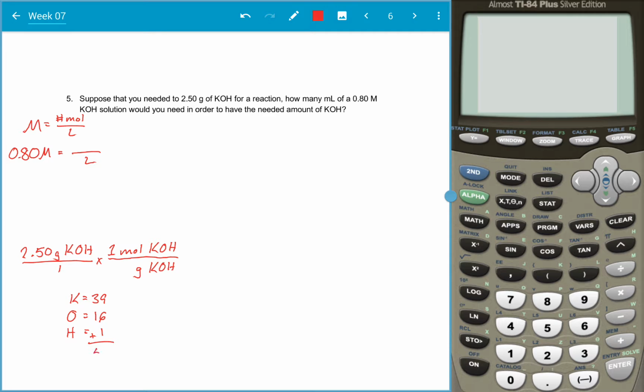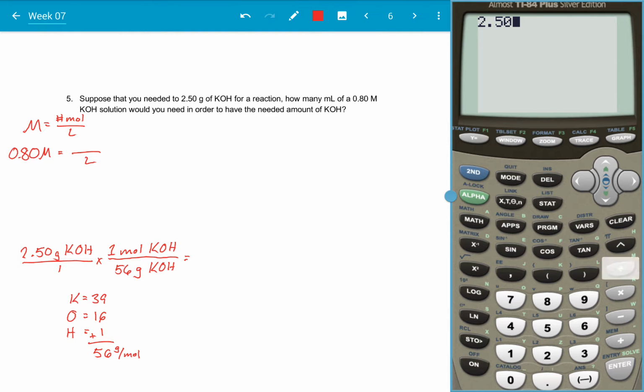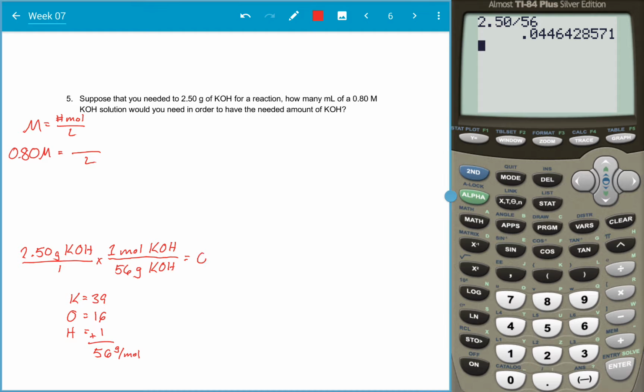And if we add these together, we end up with a molecular weight of 56 grams per mole. So, I take my 2.50 and divide it by 56 to give me 0.0446 moles of potassium hydroxide.